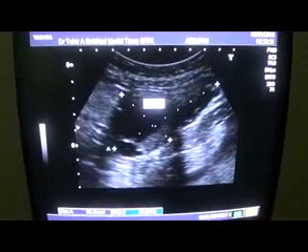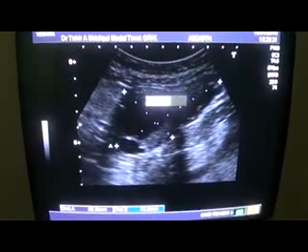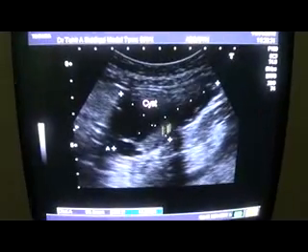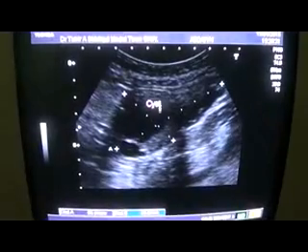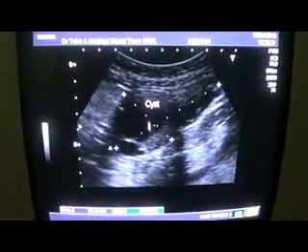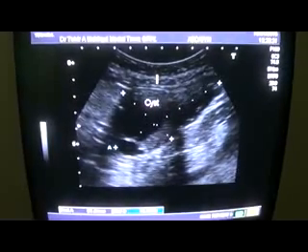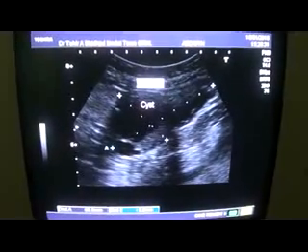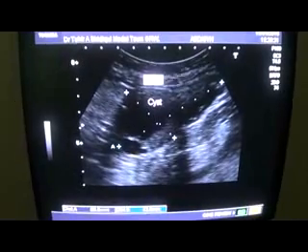Here we are seeing another cyst relating to the ovary, and this cyst has echoes, septas, tiny calcifications, and measures 8 by 4.3 centimeters. So this is also a complicated cyst in the region of the left adnexa.